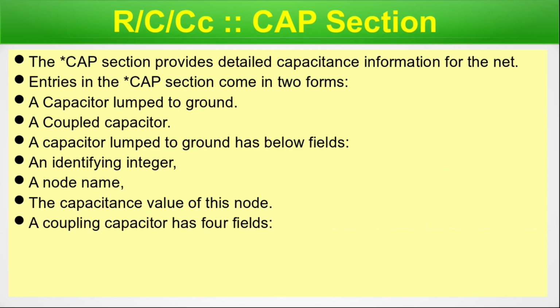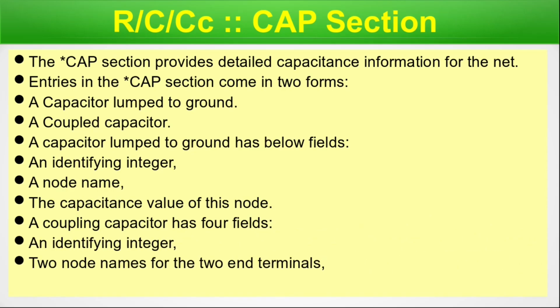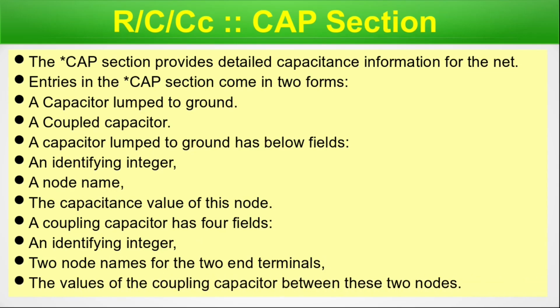A coupling capacitor has four fields: an identifying integer, two node names of the two end terminals, and the value of the coupling capacitor between these two nodes. We will discuss this through an example, and all these things will become clear in your mind. We are done with this particular slide, so let's move on.